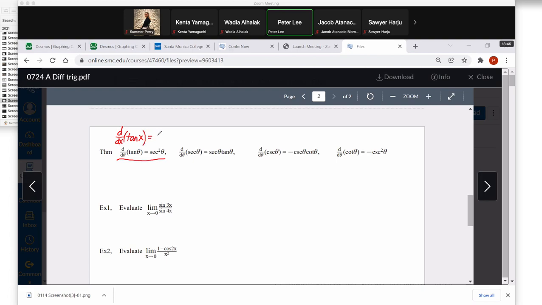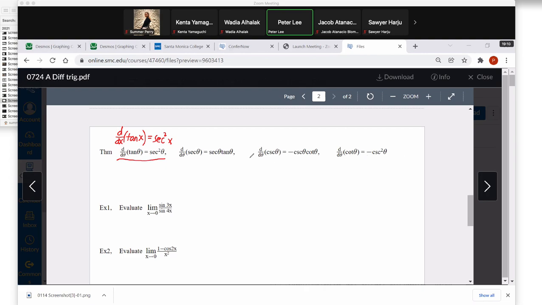Secant squared x. Many times the variable is actually x, so the formula looks like this. The derivative of tangent x is secant squared x. The derivative of secant x is secant x tangent x. And the derivative of cosecant x is minus cosecant x cotangent x.